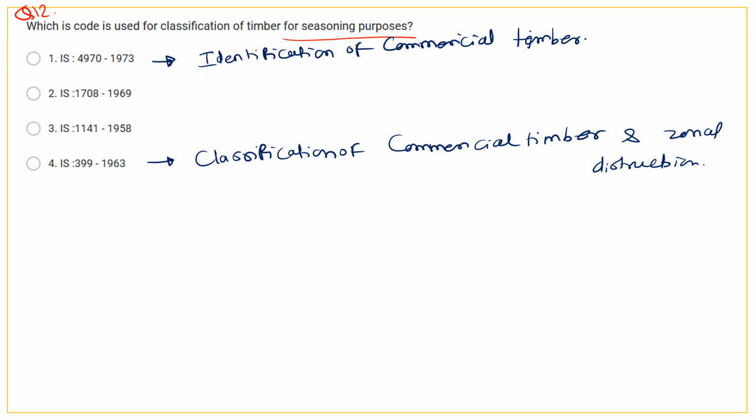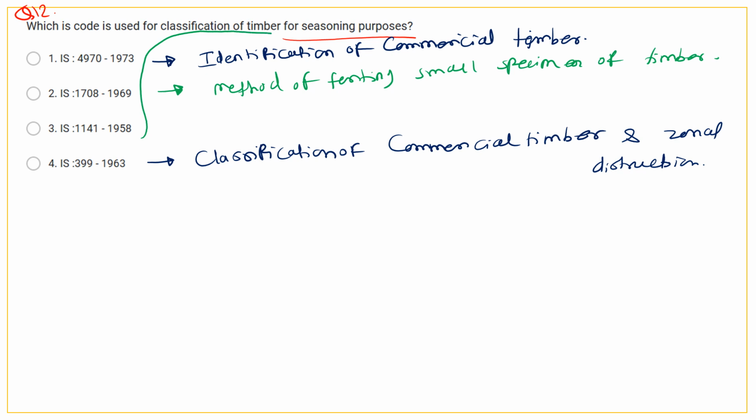Then this second one is used for the method of testing small specimens of timber. And this third one is used for the classification of the timber for seasoning purpose. So here option number third is correct for the question number 12.